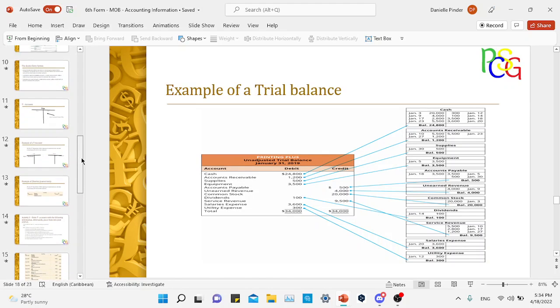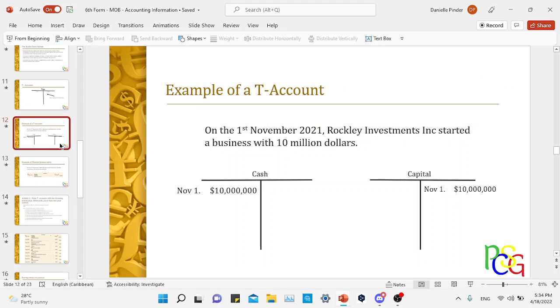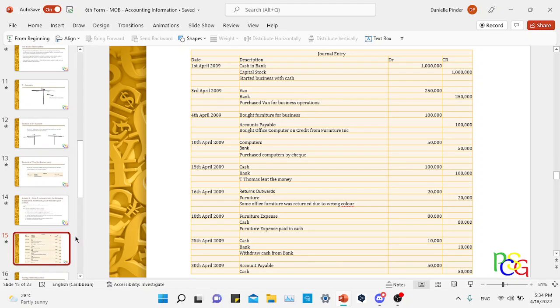But there is one thing that you should just know, and that is that there are also adjusted T accounts as well, right? So take for example the same transaction on the 30th that we had done, and also the 4th of April and the 30th.